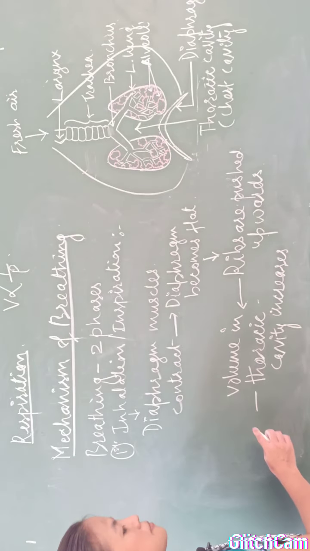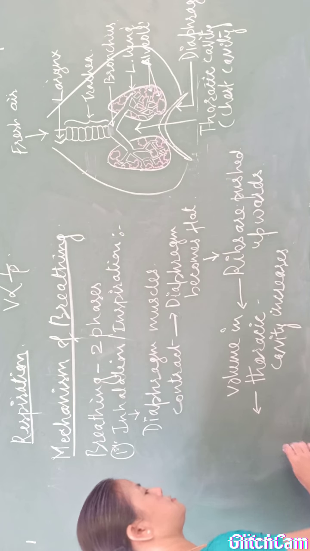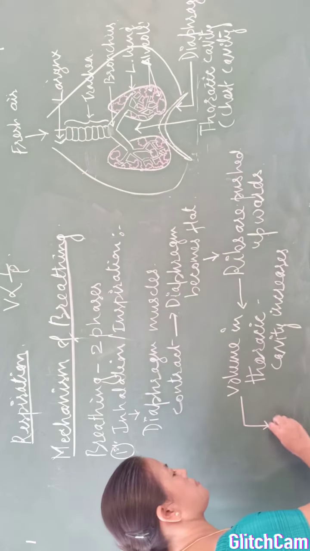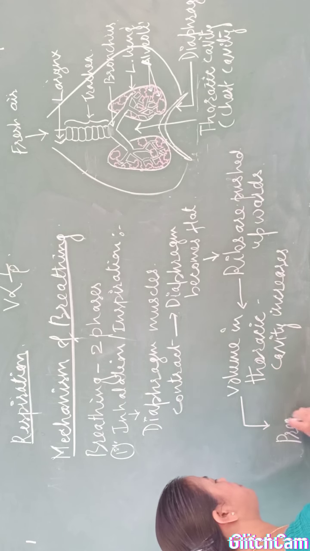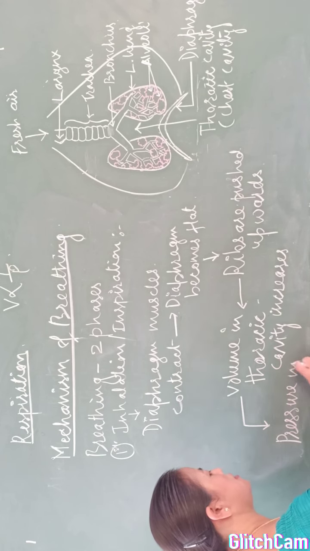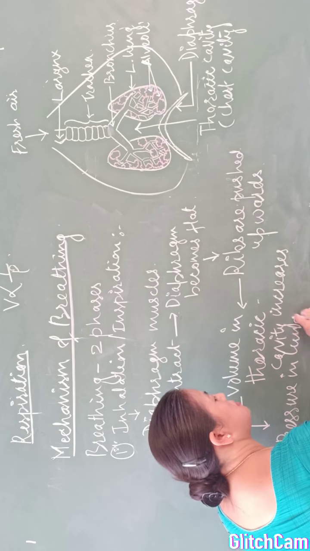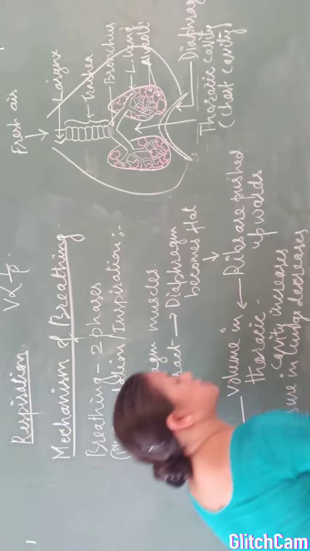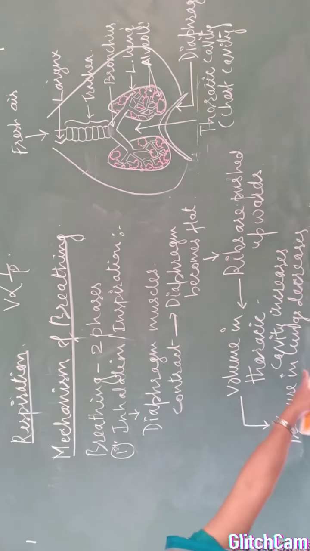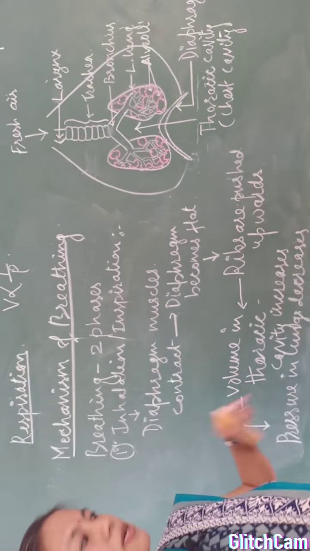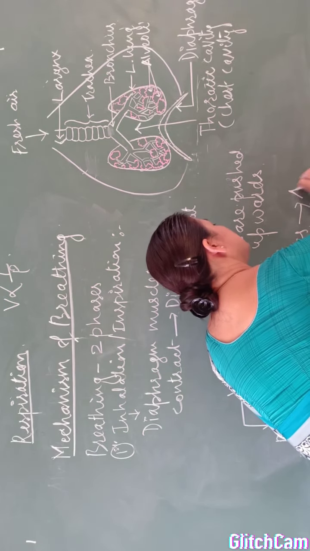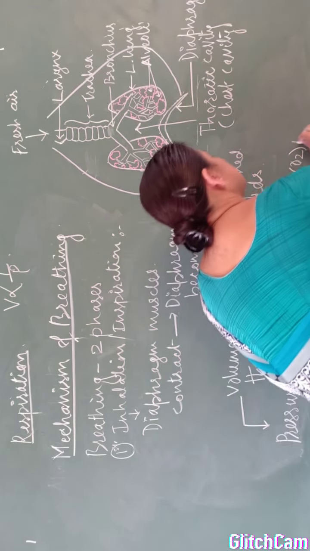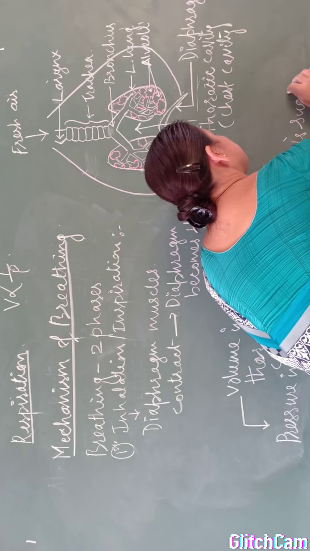Pressure in lungs decreases. Okay, pressure in lungs decreases, and due to the decrease in the pressure in the lungs, what happens? The air, which has oxygen, is sucked in.